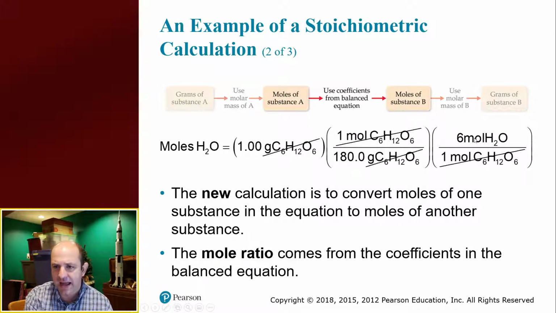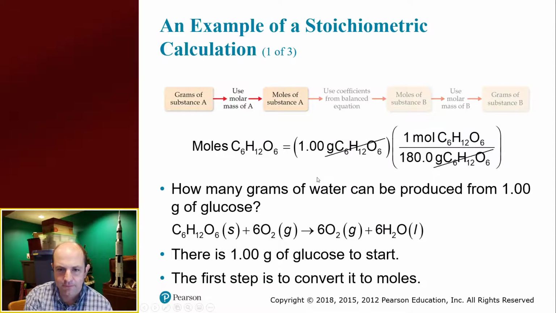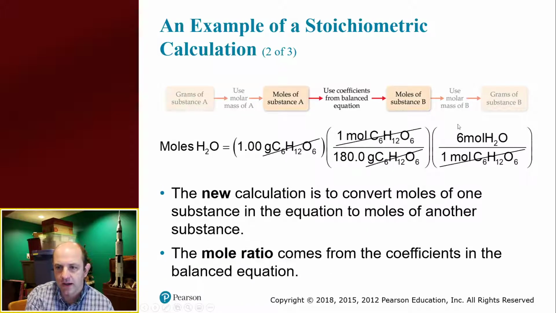Now they're going to just add on each time here, so this first part's the same. But now the second step, we're going from moles of substance A to moles of substance B using our coefficients. So it was 6 moles of water for every 1 mole of glucose according to the coefficients, right? If we just flip back briefly, 6 moles of water for 1 mole of glucose. So that's our 6 over 1.